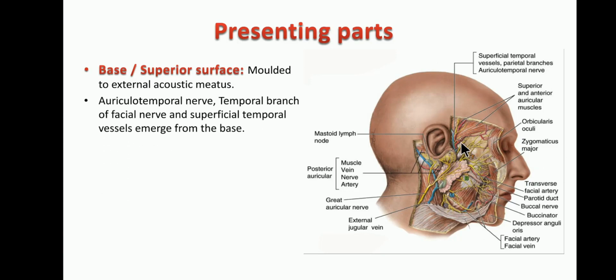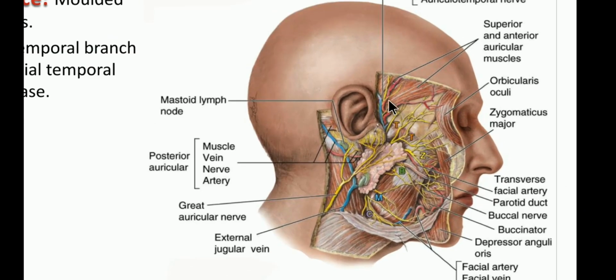And what are the structures emerging from the base? You are able to see the superficial temporal vessels and the auriculotemporal nerve. The superficial temporal artery is a branch of the external carotid artery.